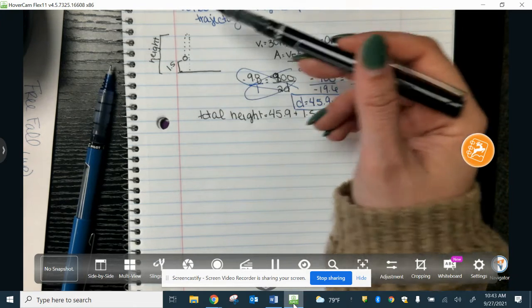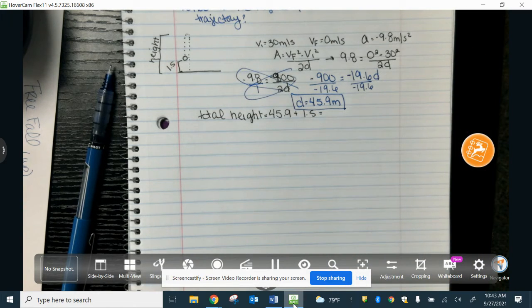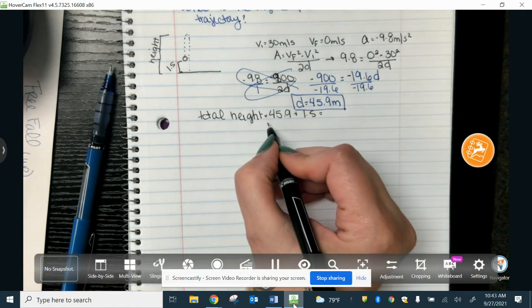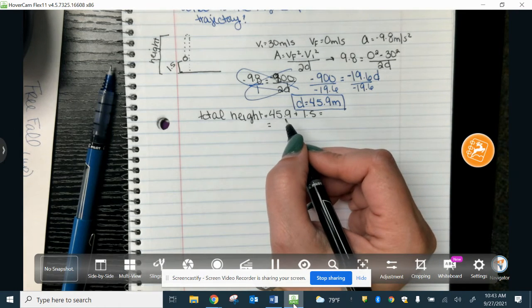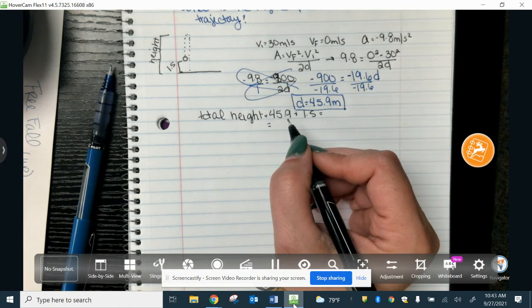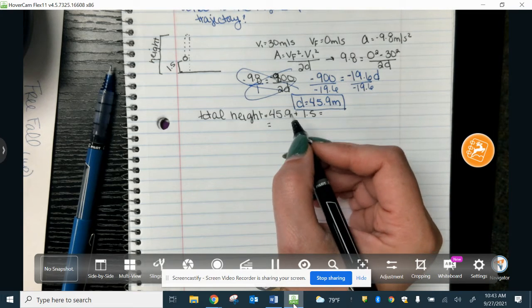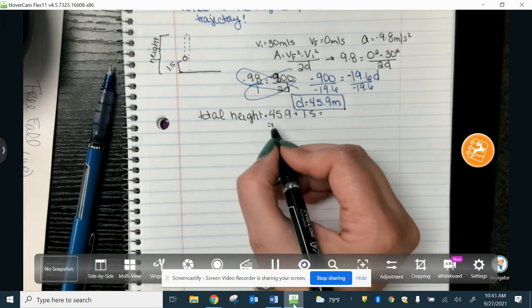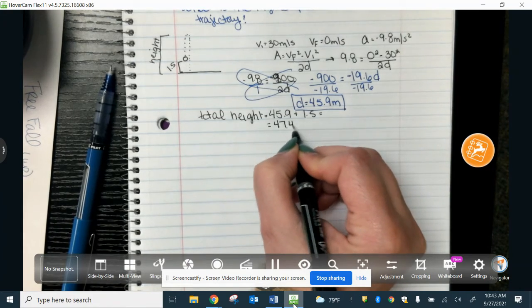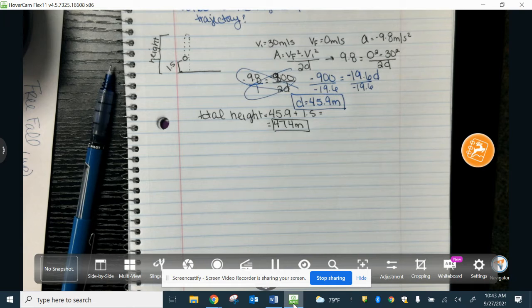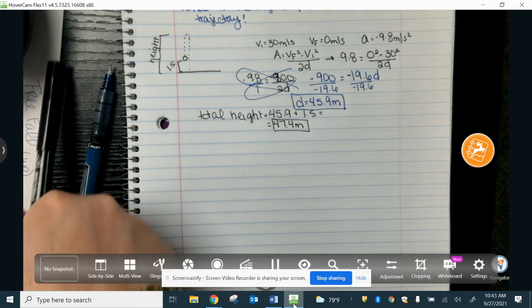I need the total height. 45.9 plus 1.5 gives me 47.4 meters. It's not awful.